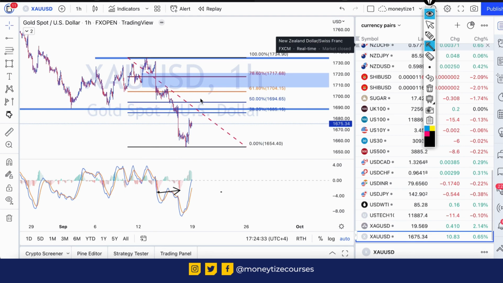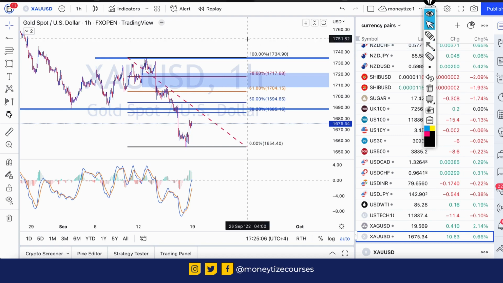So there could be a good probability that it may touch 61 and roll down. Worst case scenario, it may reach, best case scenario, it may reach 1717 and roll down to clean the orders from here of the early sellers, and then a push to the downside. But ultimately, I'm looking for the downwards direction.